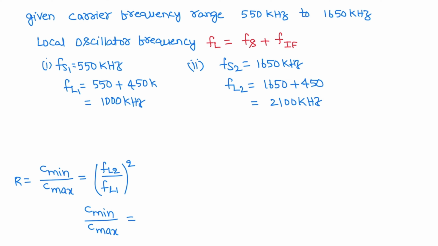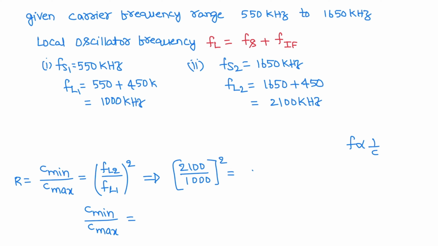Now we need to calculate the value of R, that is C minimum to C maximum. We know that frequency is inversely proportional to capacitance, so capacitance minimum corresponds to frequency maximum. That is 2100 by 1000 kilohertz whole square.